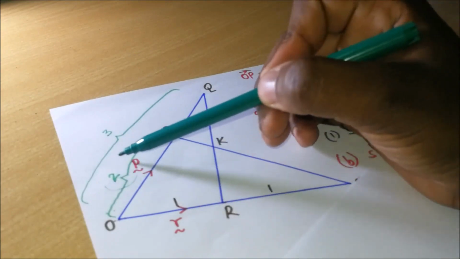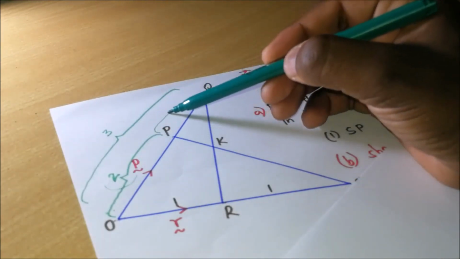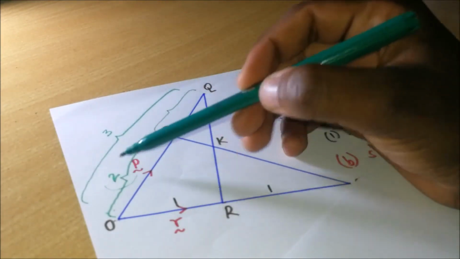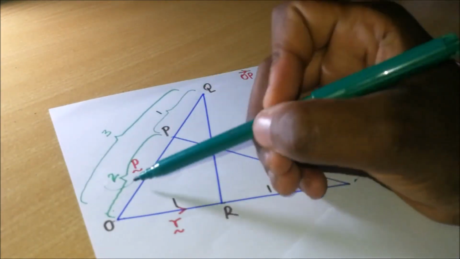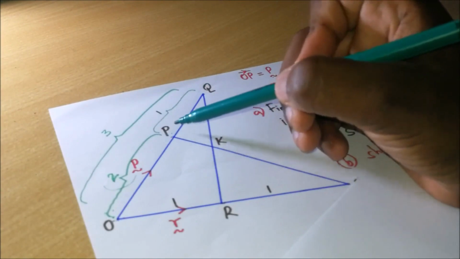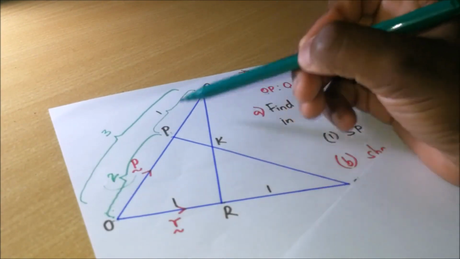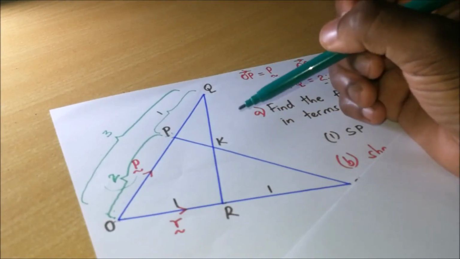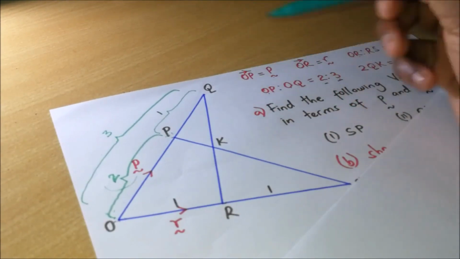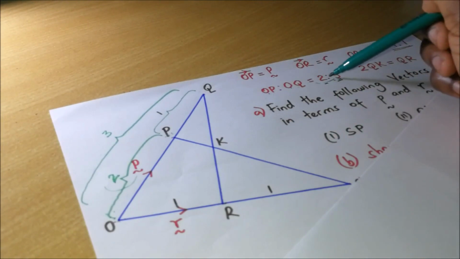So if OP is 2, it means this remaining part is 2 plus 1 to make the 3. In other words, OP to PQ would be 2 to 1. I think you've closely monitored how I have interpreted this ratio.